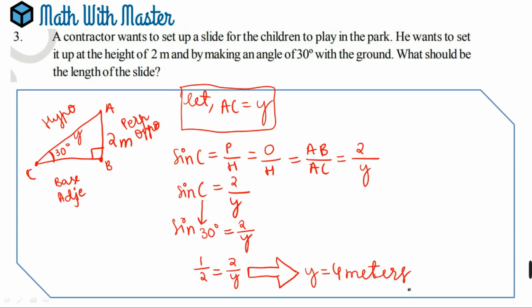Okay, by cross multiplying we got the answer directly.